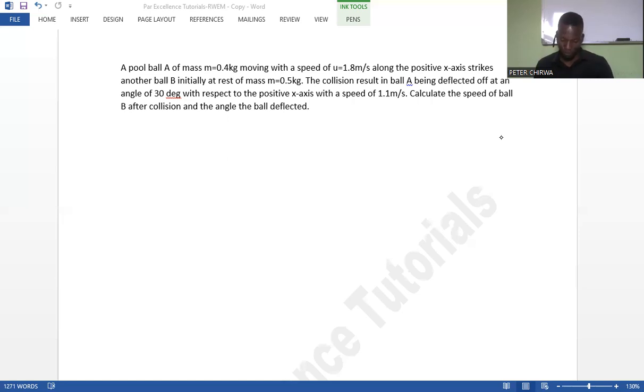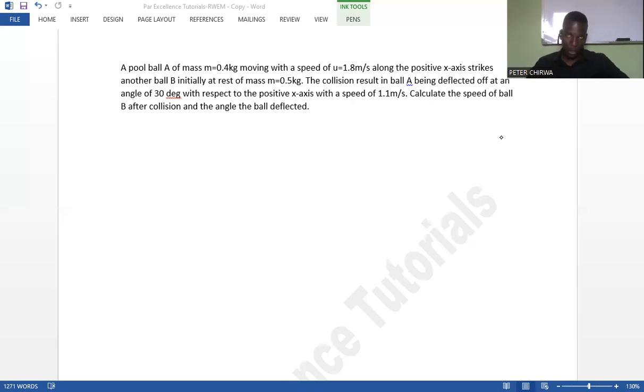The collision results in ball A being deflected off at an angle of 30 degrees with respect to the positive x-axis with a speed of 1.1 meter per second. Calculate the speed of ball B after collision and the angle the ball deflected.